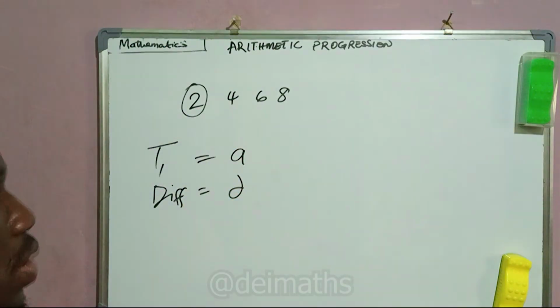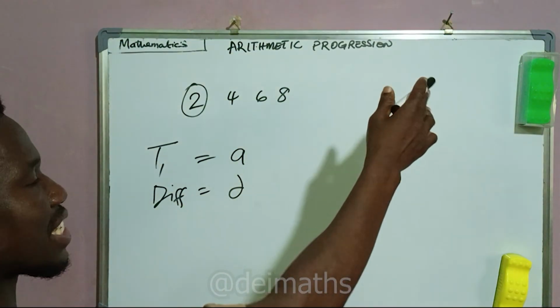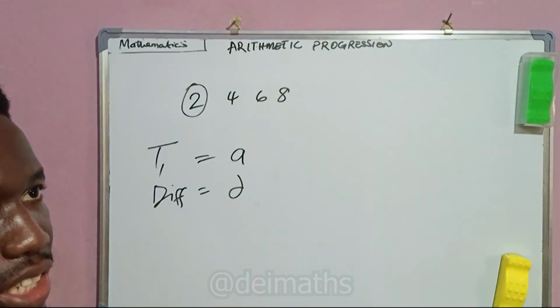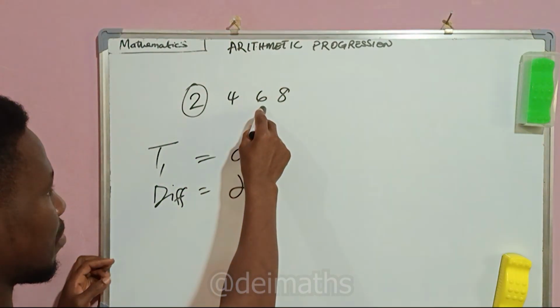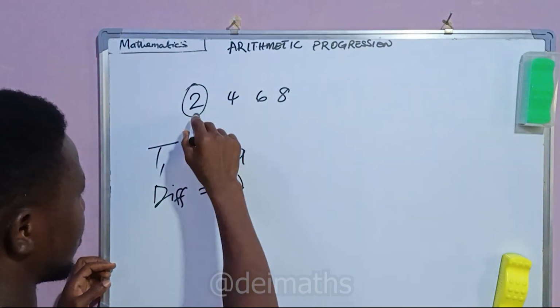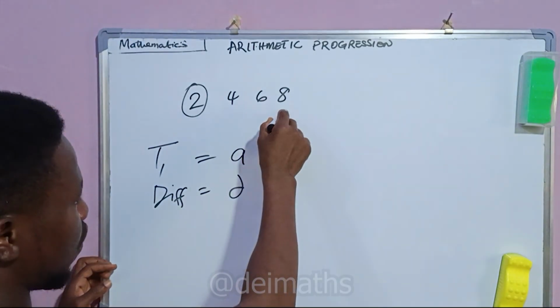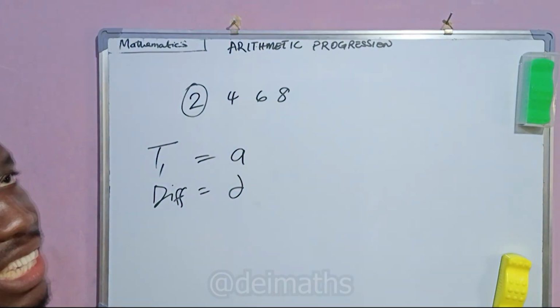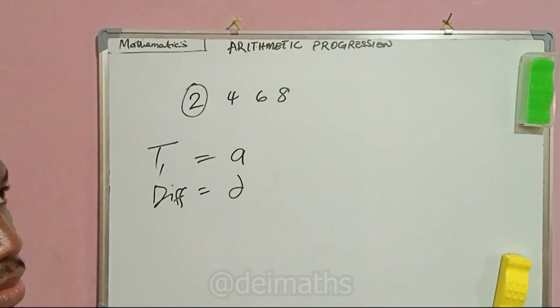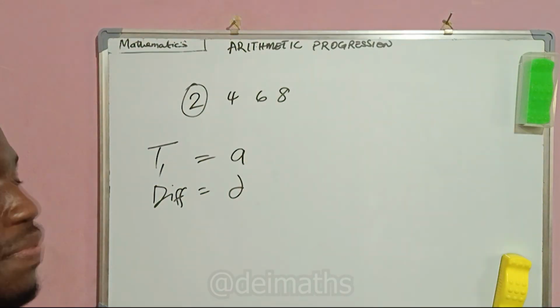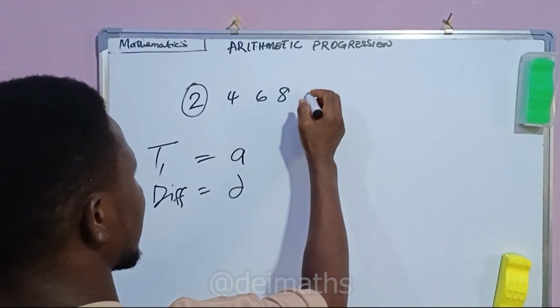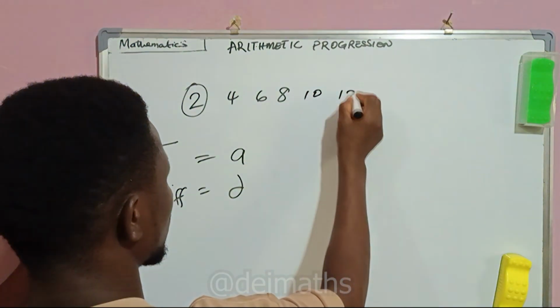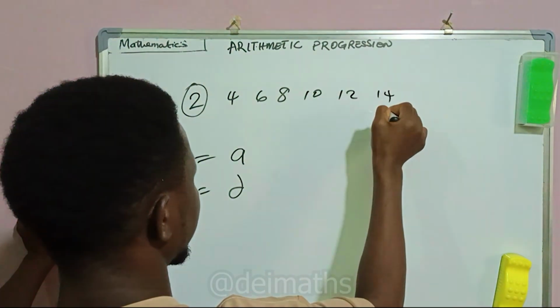Now there will be a situation whereby you will be asked to find a certain number in this sequence. This is the first term, second term, third term, fourth. You can be asked to find the 10th term. And to find the 10th term of the sequence, you don't have to start listing 10, 12, 14.